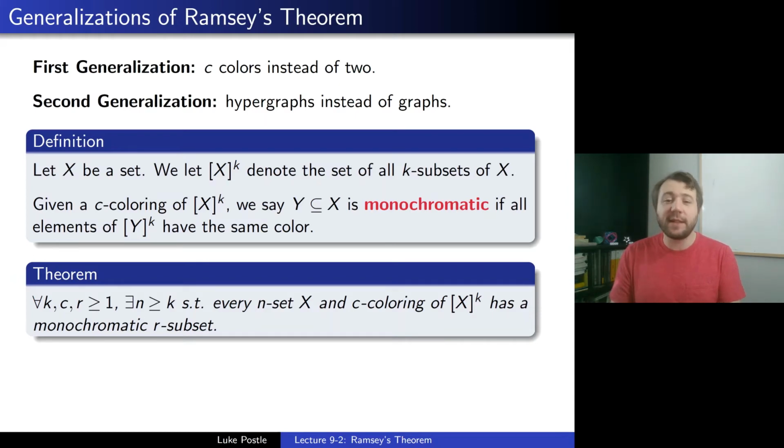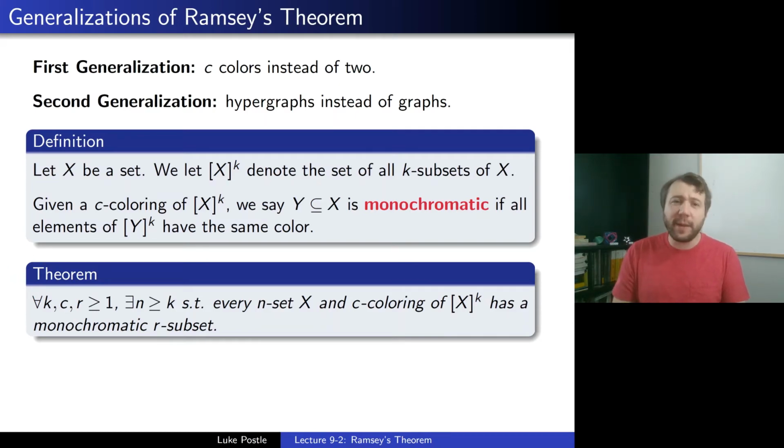So Ramsey said whenever we two-colored the edges of K_N, then we found a monochromatic K_R. Now we're actually C-coloring the K subsets, X to the K, and still we can find monochromatic subsets. That there is some N for every such K, C, and R. So that's our hypergraph multicolor Ramsey theorem, and we'll prove that.